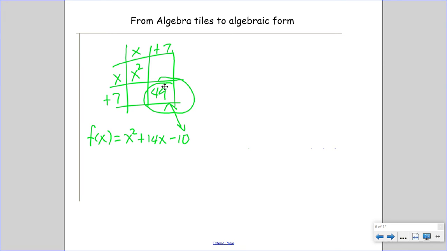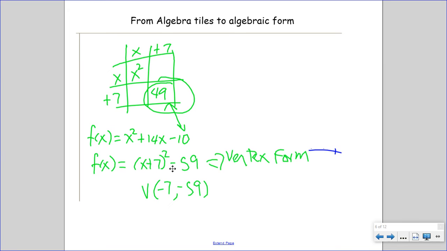And then when we look at 49 compared to the negative 10 we have in this standard form, we realize that we would need to subtract these 49 and then subtract another 10, meaning we would have to subtract 59 or add negative 59 to x plus 7 squared to get the vertex form. So that would be a vertex form. The vertex at negative 7 and negative 59.